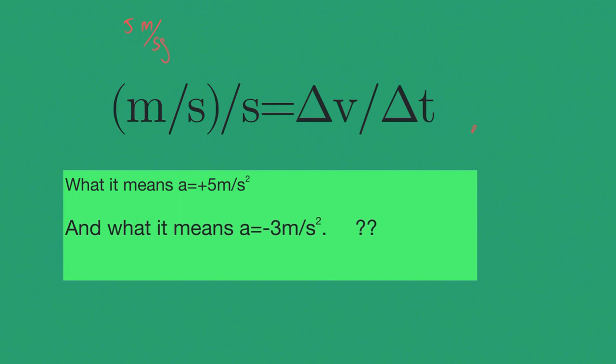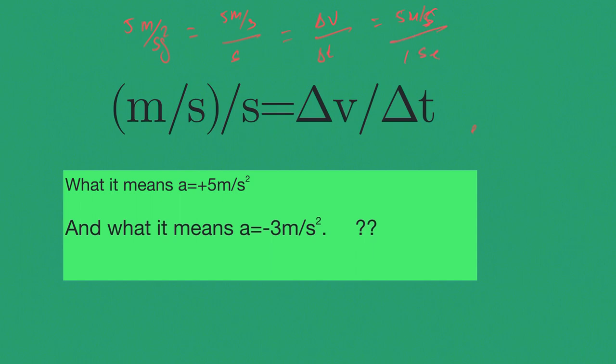It means that the change in velocity per unit of time is 5 meters per second in every second.